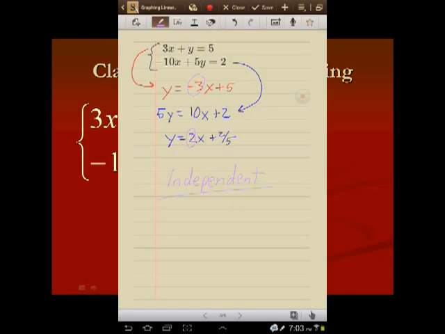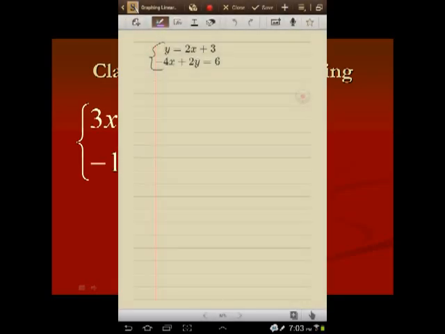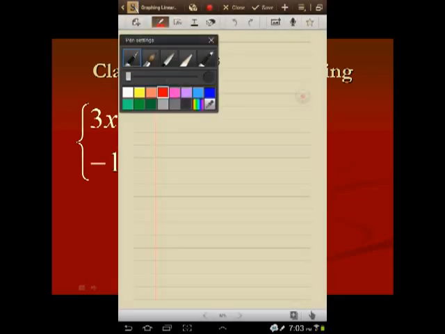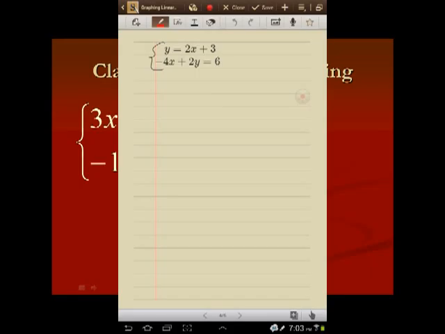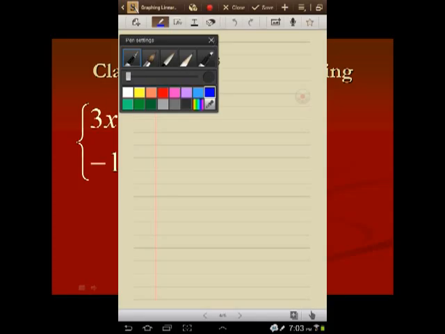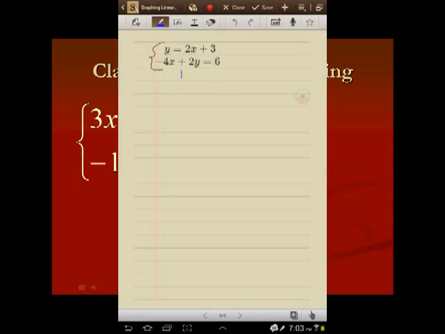Let's try another one. Okay, well, actually, this first equation is already set up. y equals. That's handy. Just to stay consistent, I will switch over to blue. 2y equals 4x plus 6. Divide by 2, y equals 2x plus 3.